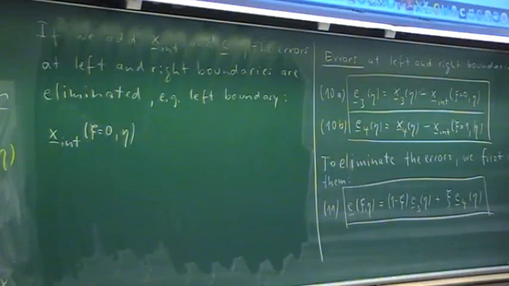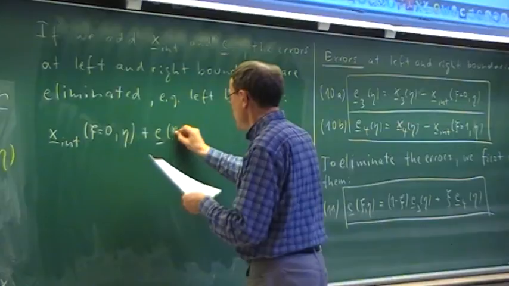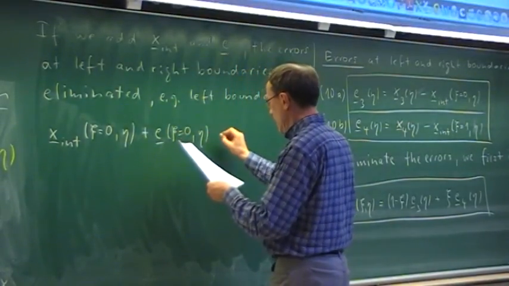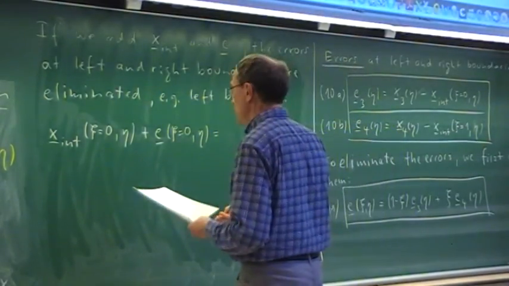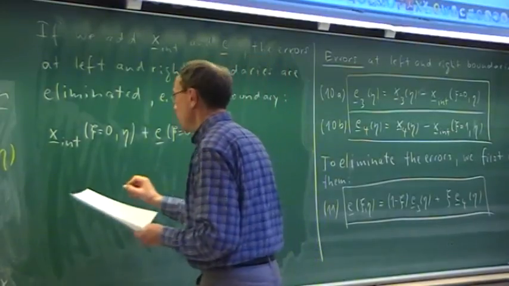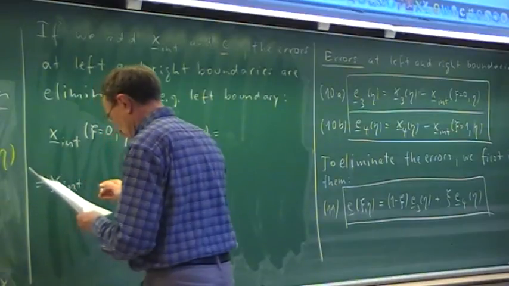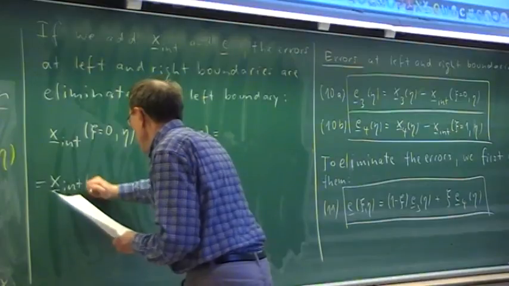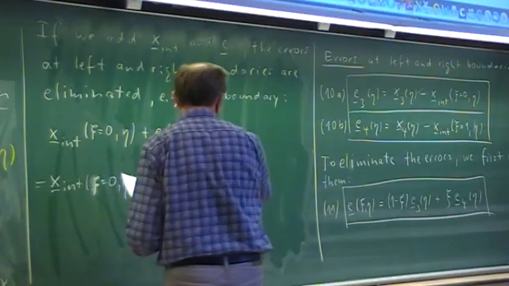Now, if we add there the error at psi equal to 0 and eta, then we get the interpolated coordinates there, I repeat that, and now we write down what the error was.